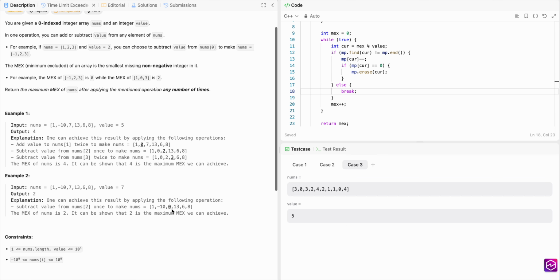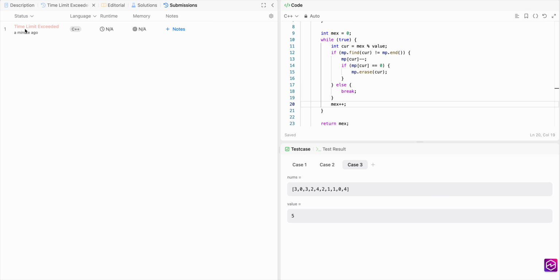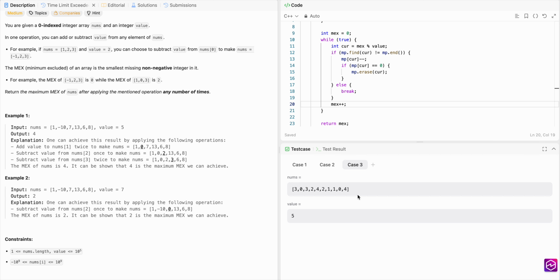Okay, so we have 0, we have 1, we have 2, yeah, so we have a 0, we have a 1, we have a 1, so we increase it, we have a 2, we have a 3, yeah, so we have 0, 1, 2, 3, 4, then we need a 5, we can get a 5 by this, then we need a 6, we can get it by this, then we need a 7, we can get it by this.